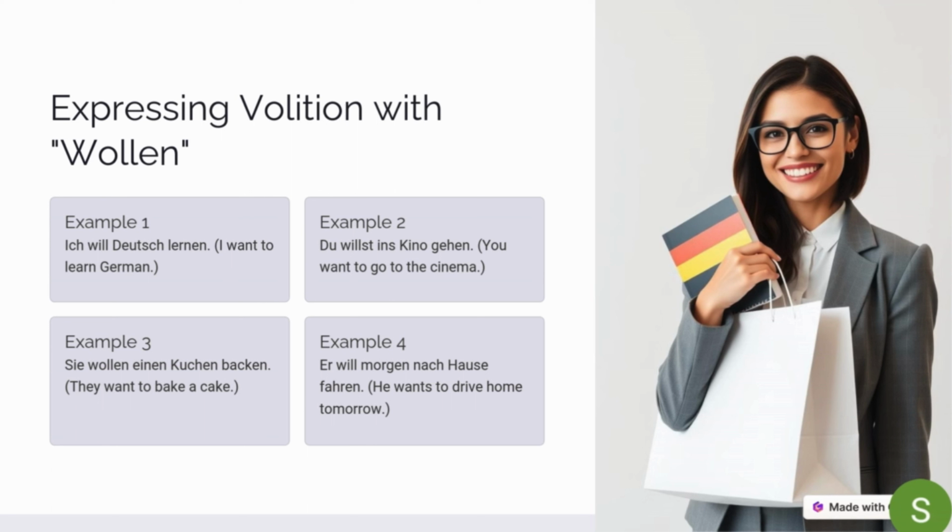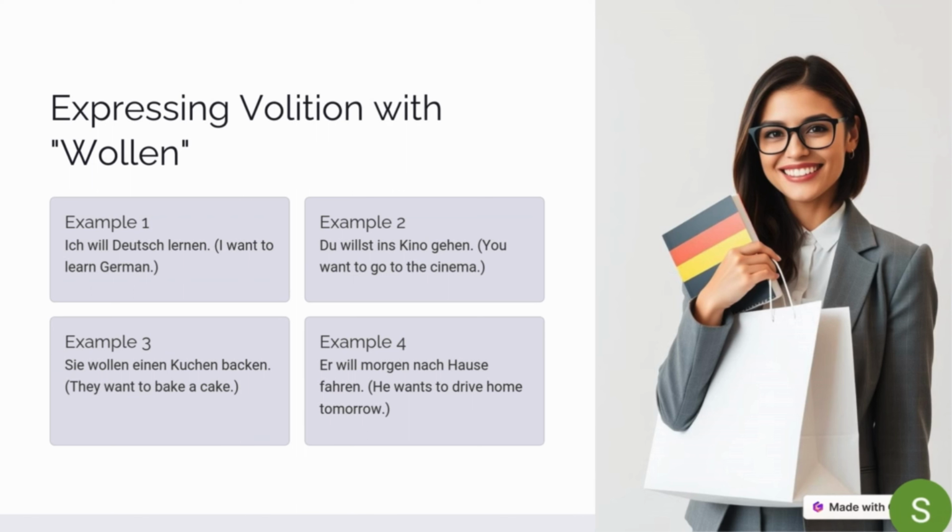I want to learn German. That's a desire, something that you want. It shows desire. Example 2. Du willst ins Kino gehen. You want to go to the cinema. Example 3. Sie wollen einen Kuchen backen. They want to bake a cake.